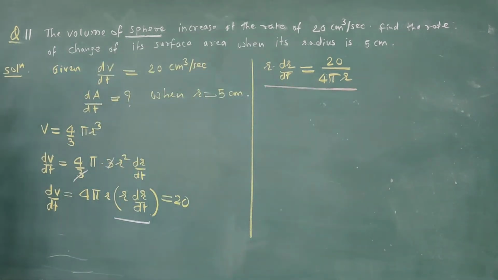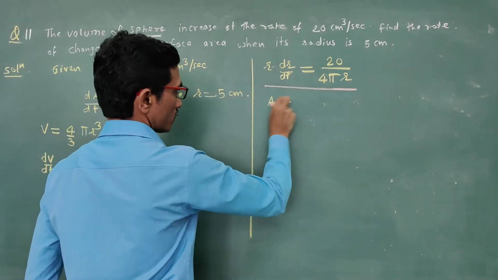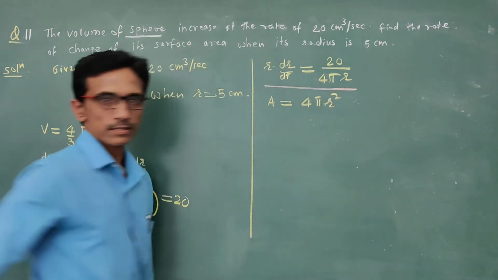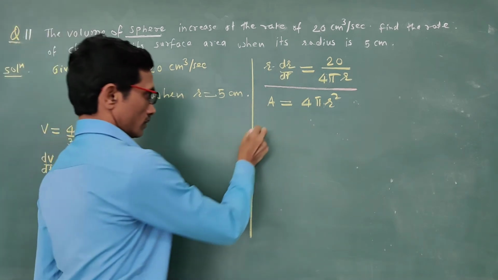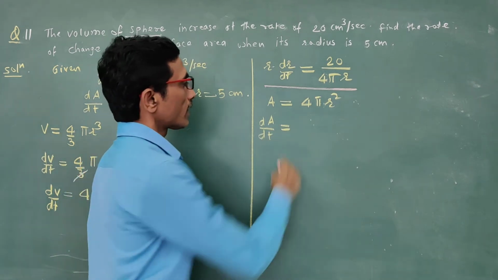Then the surface area is equal to what? 4 pi r square is the surface area. We differentiate it with respect to t. dA by dt is equal to dA by dr into dr by dt.